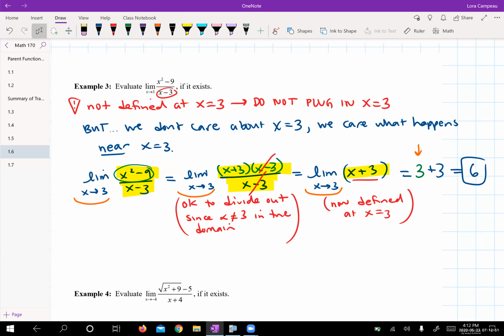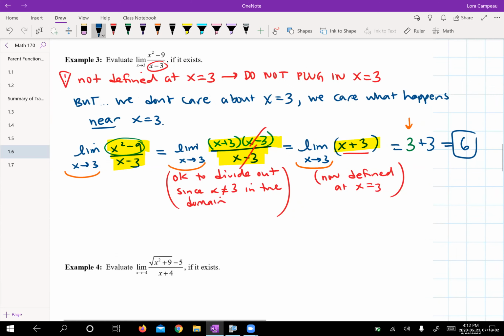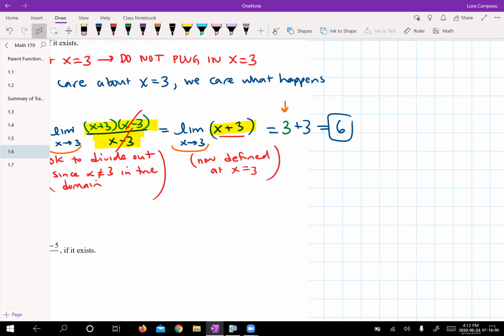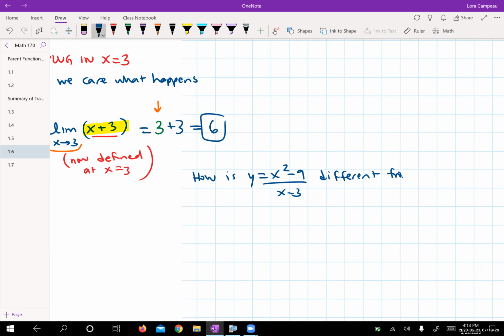Maybe you weren't clear as to why we're allowed to divide out, or what the issue with 3 is. You may want to look at it on the side. Ask yourself the question, how is y equals x squared minus 9 over x minus 3 different from y equals x plus 3?